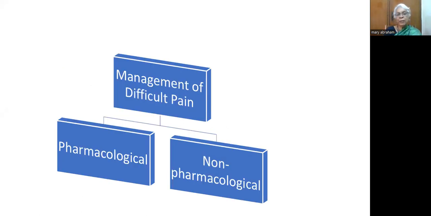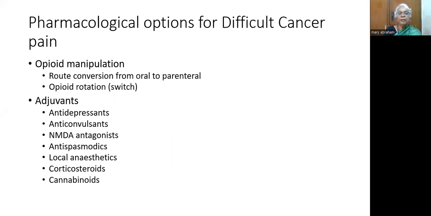So now let us look at the pharmacological management of difficult pain. Next, please. So what are the options for pharmacological management? First is opioid manipulation. Here the patient is taking a strong opioid and it is not effective. So do we have to convert the route, say from oral to parenteral or oral to transdermal, or do we need to do an opioid rotation, what is called an opioid switch?